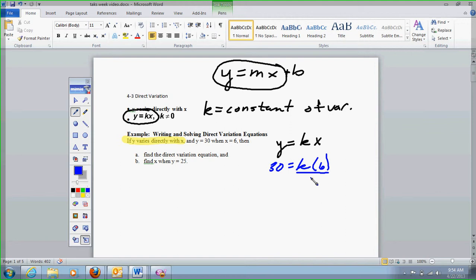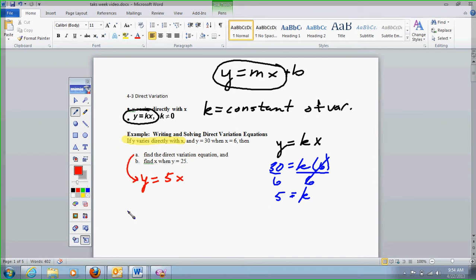Alright, so divide by 6 on each side because k and 6 were being multiplied. These cancel or become 1. So I have 1k, or just k, is equal to 30 divided by 6, which is 5. So k is 5. What that means is to write this equation for part A, you just have y equals kx, but I know that k is 5, so it's 5x.